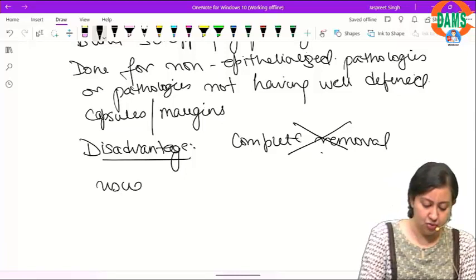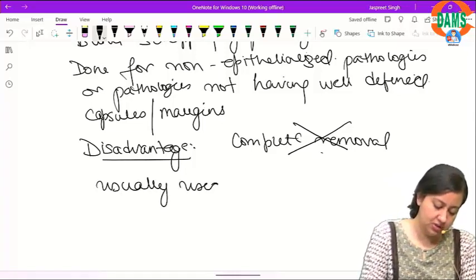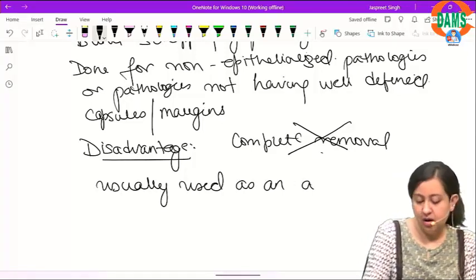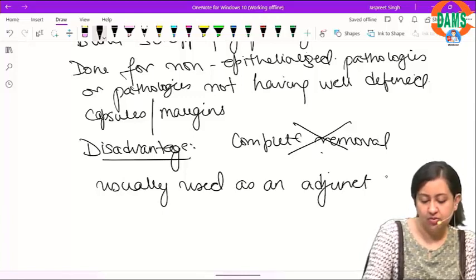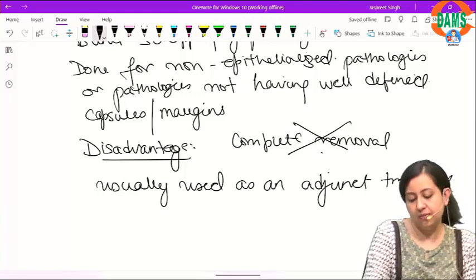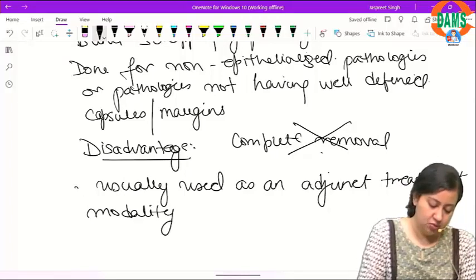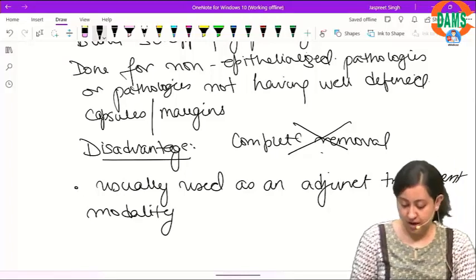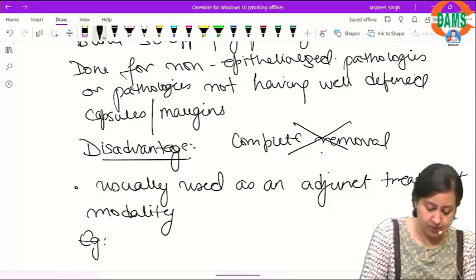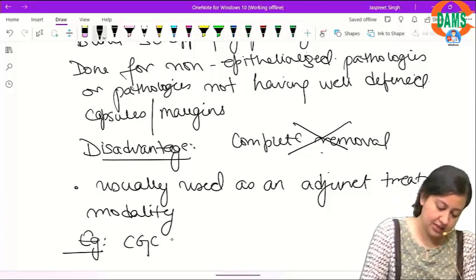It is usually used as an adjunct treatment modality. Example, central giant cell granuloma.